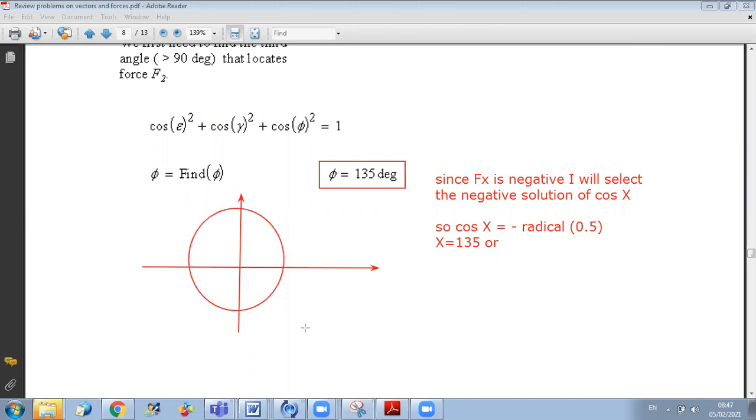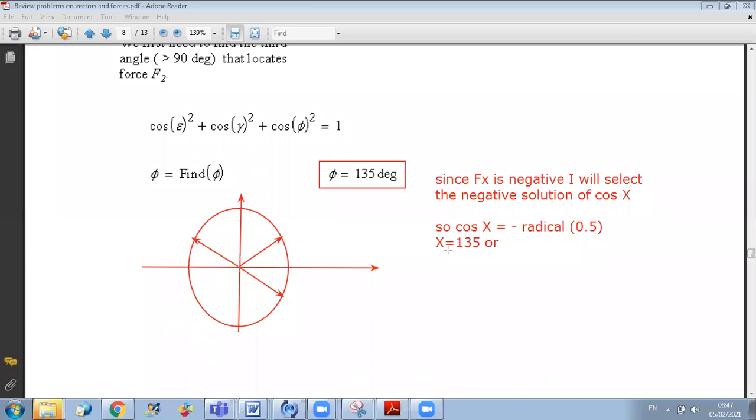you know that if I have cosine of an angle, let's say this is alpha, okay? Cosine alpha is equal to cosine minus alpha, while for sine it's the opposite. So for cosine in the calculator, if you have a negative result, it will directly give you an angle 135, okay?